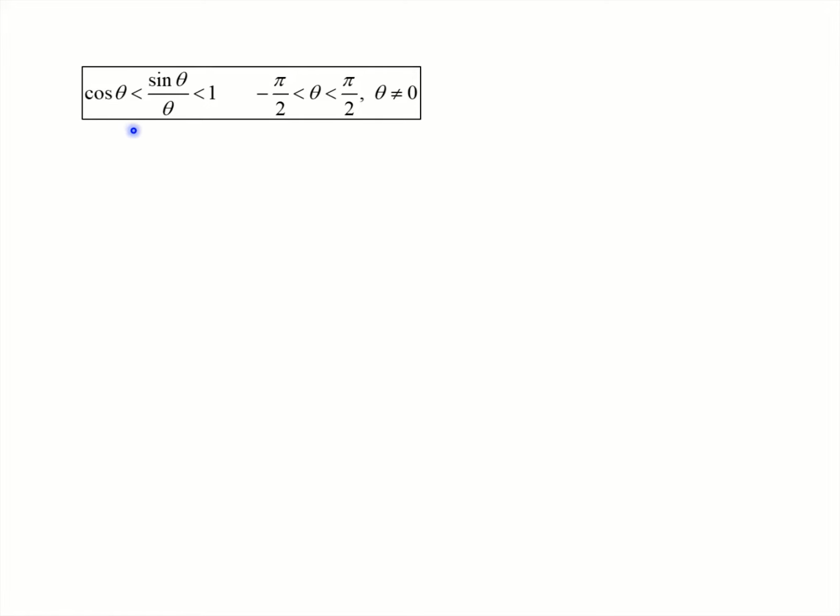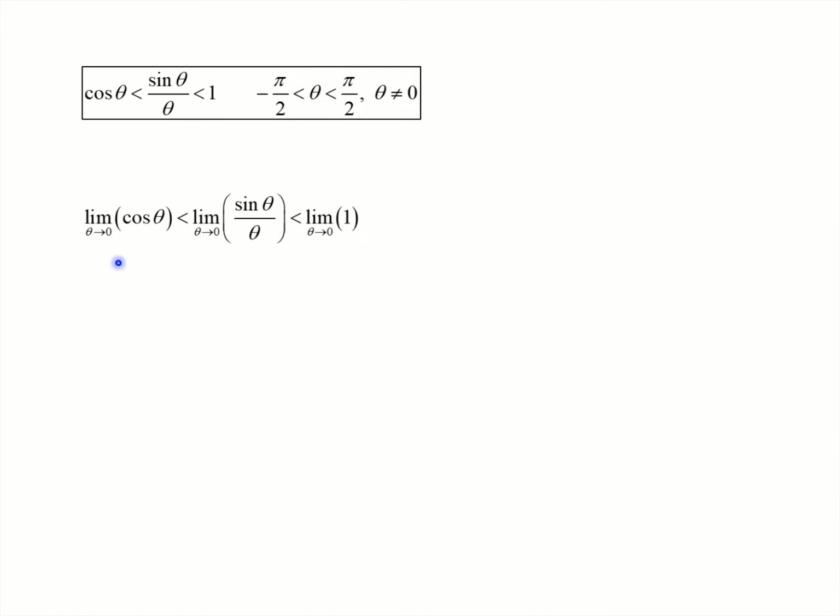Now what I'm going to do with this three-part inequality is throw a limit in front of each of those expressions. So I have the limit of cosine theta as theta approaches 0 is less than the limit of sine theta over theta as theta approaches 0 is less than the limit of 1 as theta approaches 0. Well, this one right here doesn't have any thetas in it, and so the right-hand side is going to say 1.